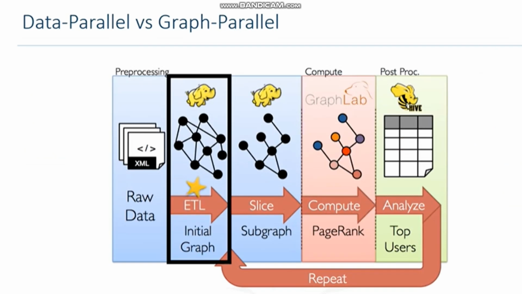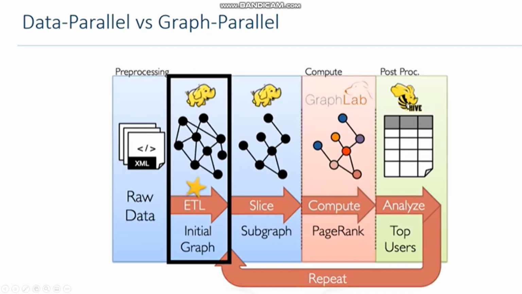We go through the initial graph, which transfers the raw data into the graph. Then later we go to GraphLab, which uses algorithms such as PageRank to compute on these graphs and make the processing much better.